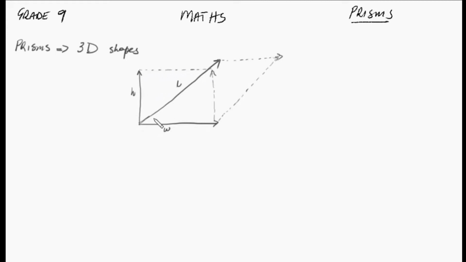For this one, there could be another parallel line here. Now, for this one, we can still have this parallel line here and here. For this one, we can have another parallel line here. So for this one, a parallel line here. So you can see that now we come up with a shape that has three dimensions.